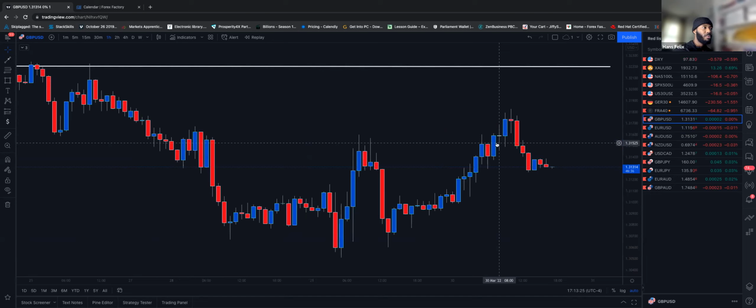Okay. So I like this question right here. What is the difference between order blocks and supply and demand? A supply and demand is a zone. It's a range where the price is trading. Example, gas prices.